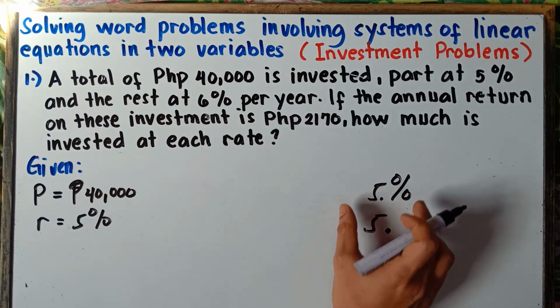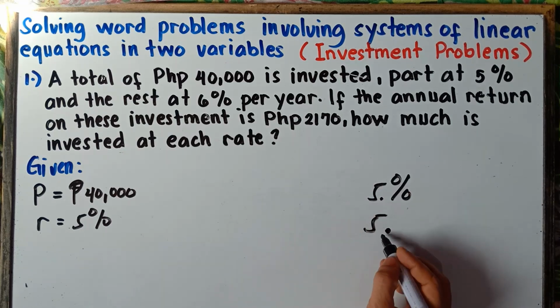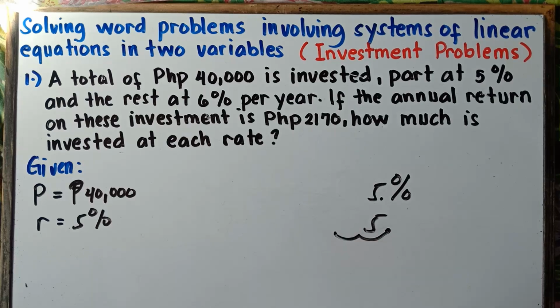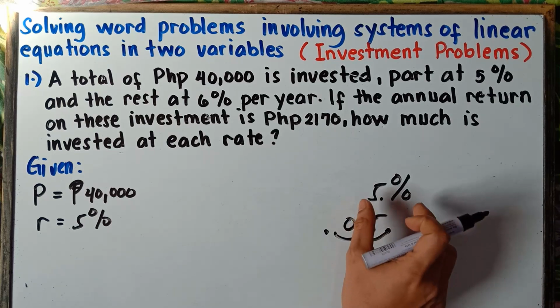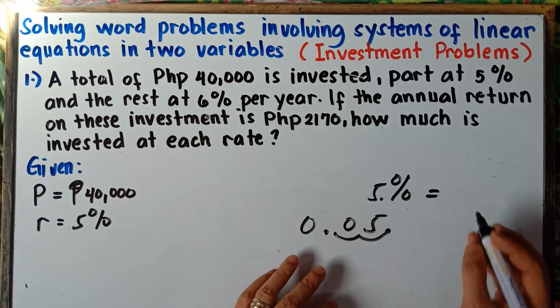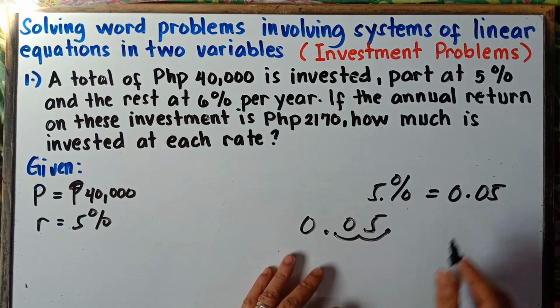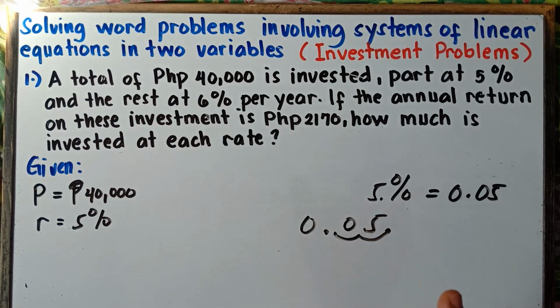Now, to change percent into decimal, simply move the decimal point from right to left twice. 1 and then 2. So therefore, the 0 is here and then the point. So 5%, the answer, class, that would be 0.05. Or you can simply divide this by 100, because percent means per 100.